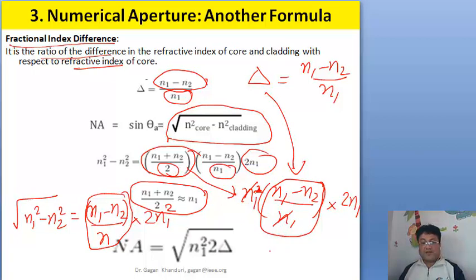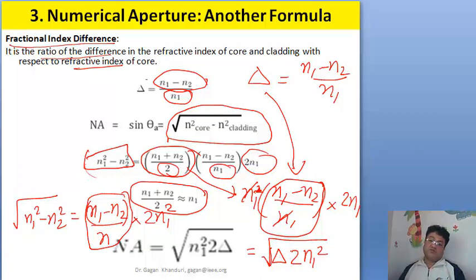So this is n1 square minus n2 square, because it was not having a square root. So when you go to find out numerical aperture, you have to put it inside a square root. So it will become under root of del times 2 n1 square.